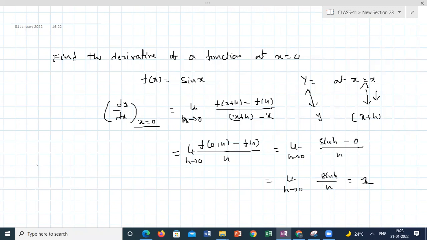Do you remember in physics, sin theta is equal to theta if theta is very small? How many people can remember this from physics?